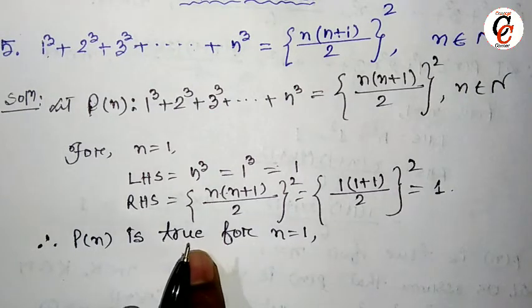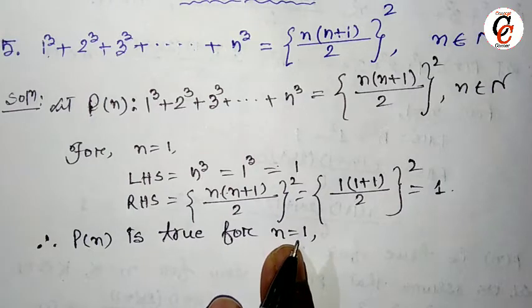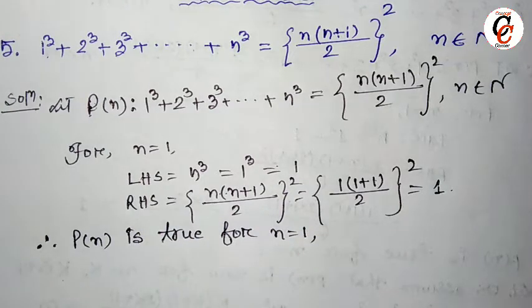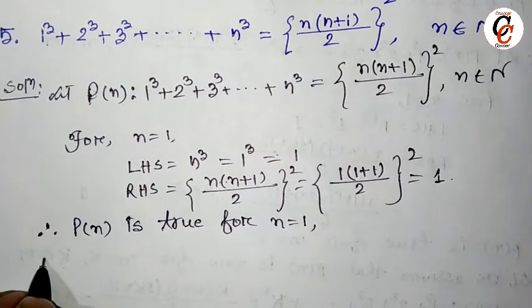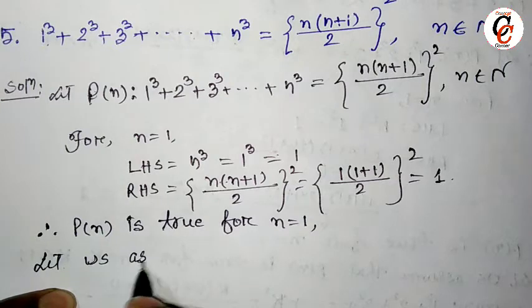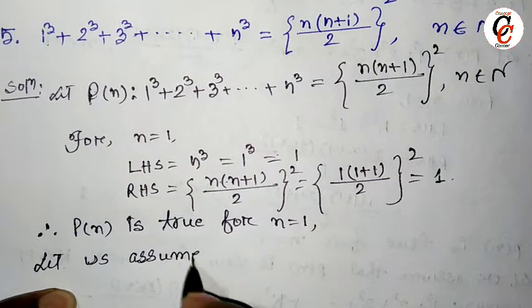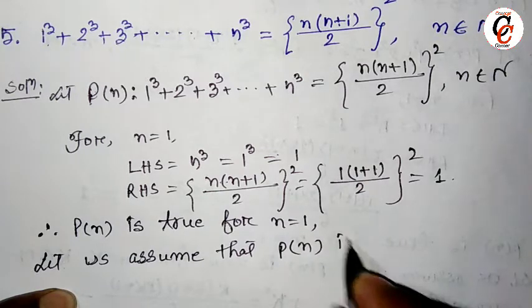When Pn is true for n equal to 1, in the next step we will assume that Pn is true for n equal to k, where k is some integer. Let us assume that Pn is true.